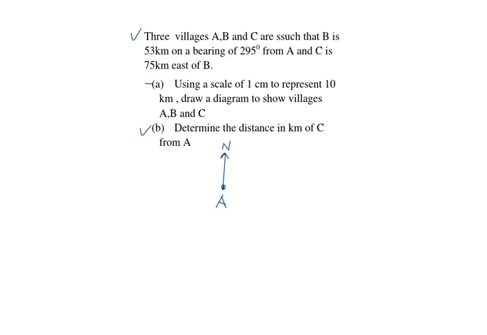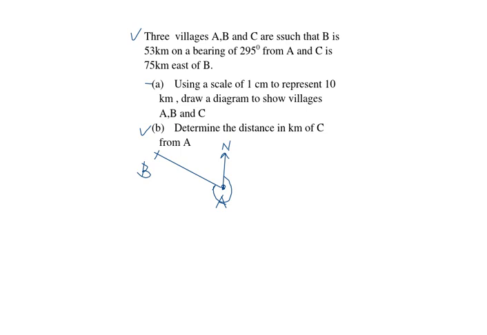Then from this point we measure an angle of 295 degrees to locate village B. So we have village B.